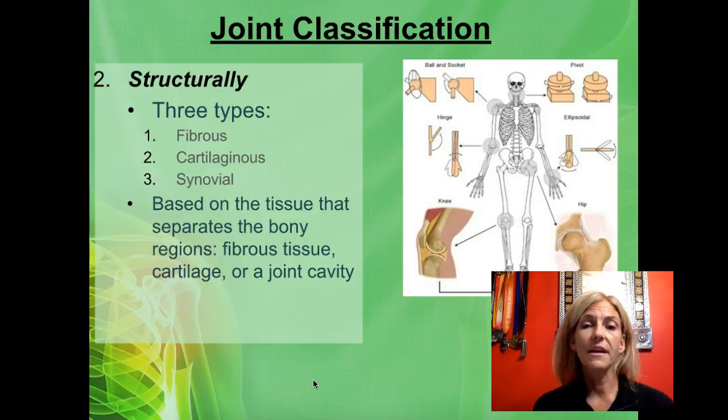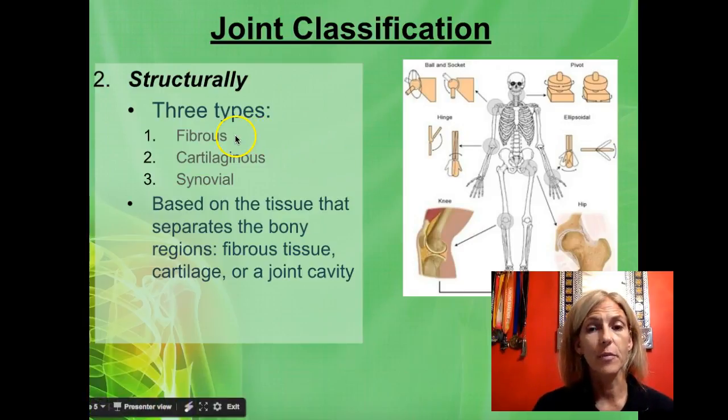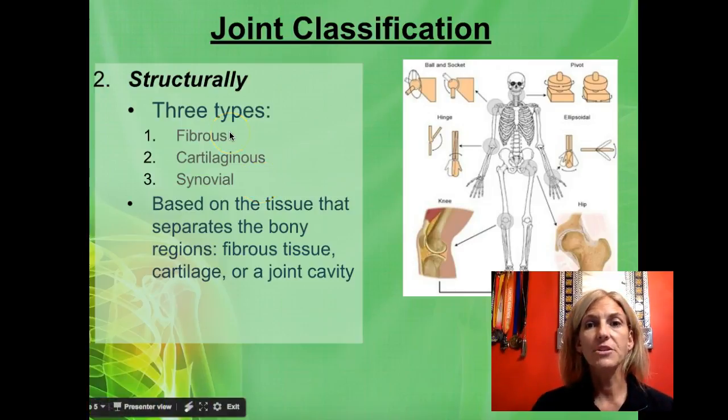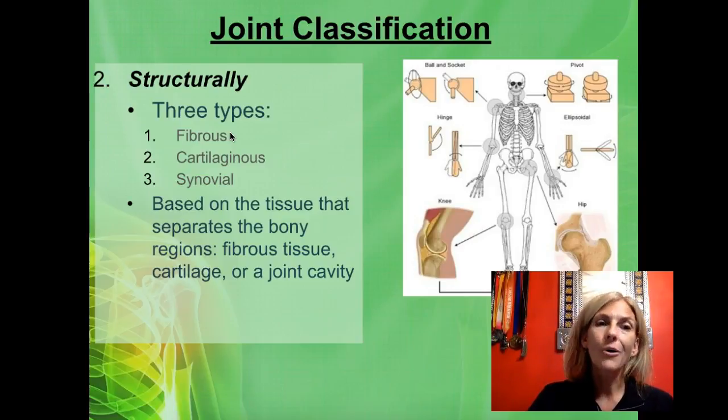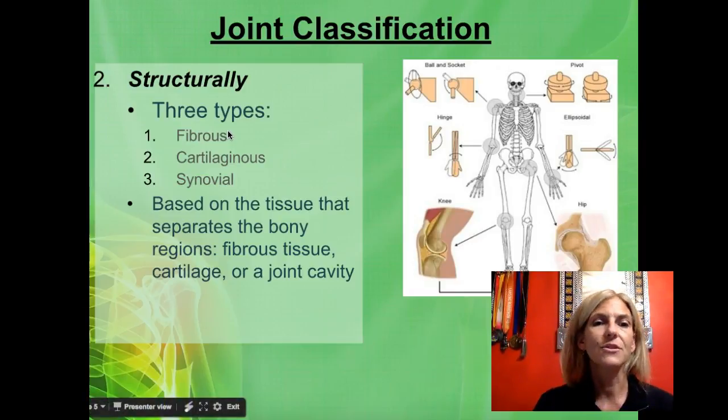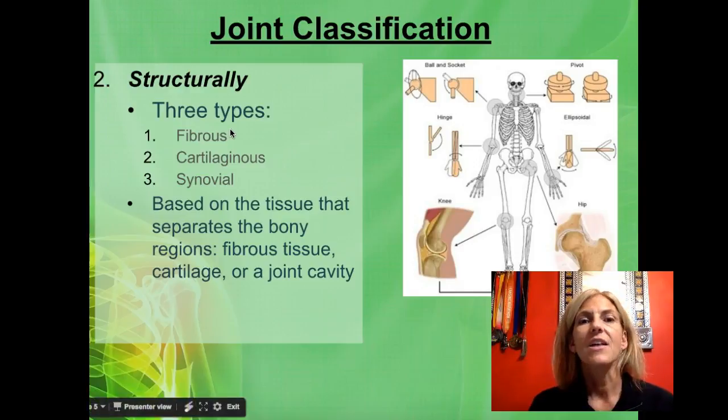Now joint classification according to structure has to do with simply what it's made of. Joints are either made of fibrous tissue, cartilaginous tissue, or synovial capsules. Fibrous joints are held together by fibers, and fibers are pretty strong. It turns out most fibrous joints are also synarthrotic joints, so I can use the same example. Once again, the bones of the skull are fibrous joints.